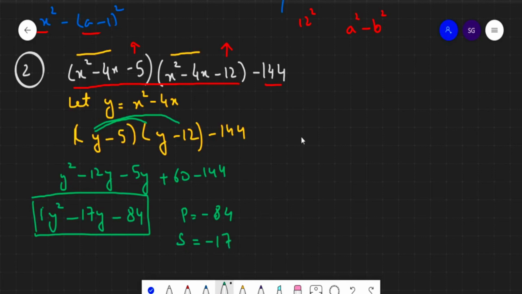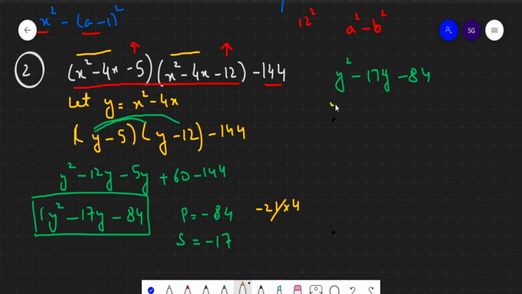So I have worked it out already, and this is y squared minus 17y minus 84, and the pair that is found to be fitting this situation is negative 21 and 4, and you can check them by multiplying and adding. Okay, so we break down this negative 17 into two new numbers, which are negative 21 and 4.